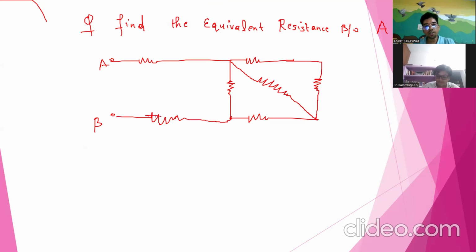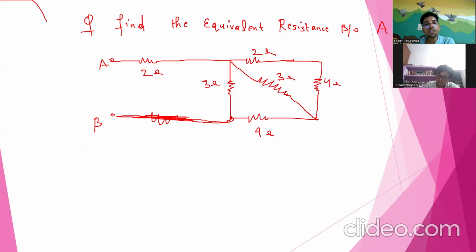Here, there is no resistance here. Okay, single wire. Clear? This is a 2 ohm, this is a 2 ohm, 4 ohm. This is a 3 ohm, 4 ohm. This is a 3 ohm.